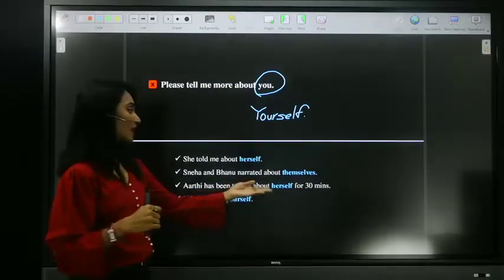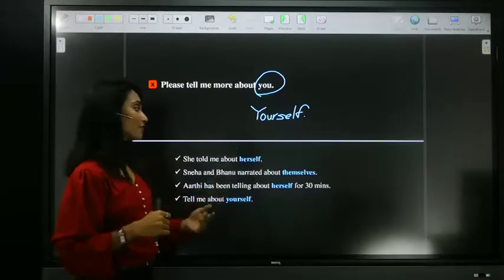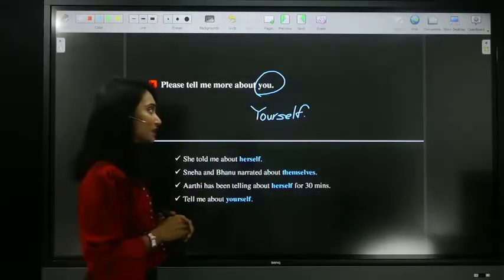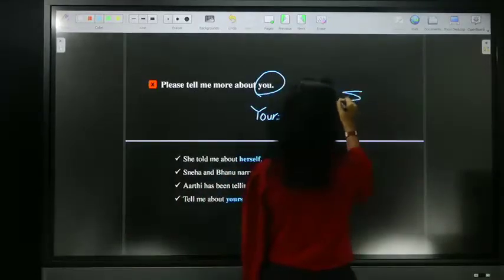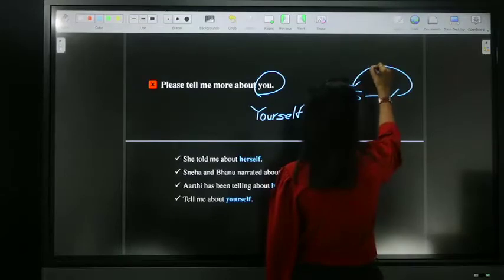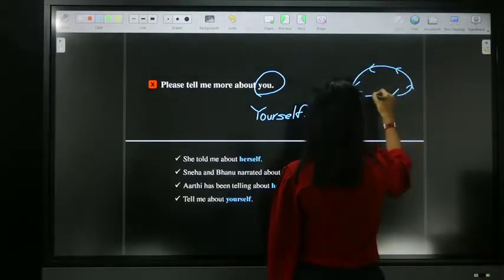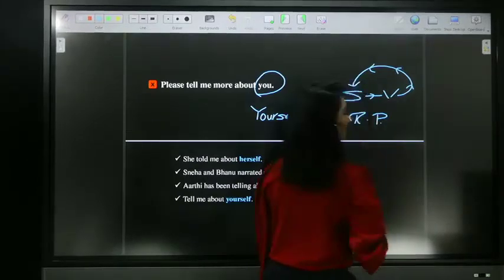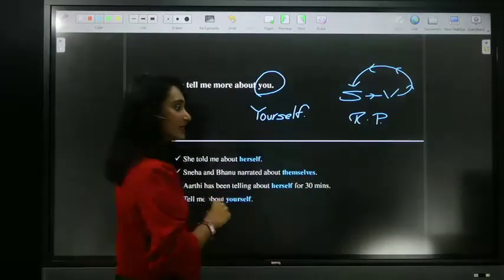Aarti has been telling about herself for 30 minutes. Tell me about yourself. Remember this, when action is done and received by the same person, that is the doer, we have to use reflexive pronouns. Right? Now let's see the next one.